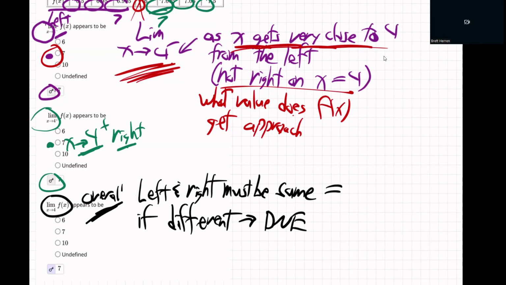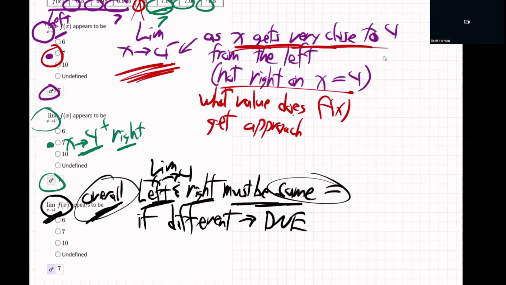This is overall, because it doesn't say right or left. It just says the limit as x goes to 4. This is overall, not just left side, not just right side. And for that to have an answer, the left and the right must be the same. They must be equal. If they're different, it's D and E.